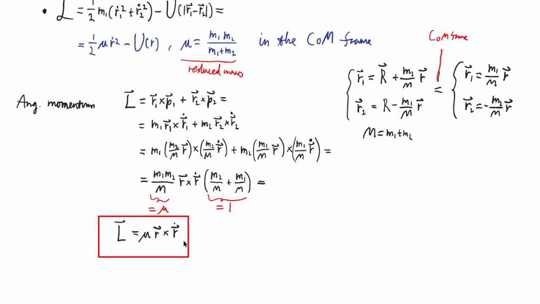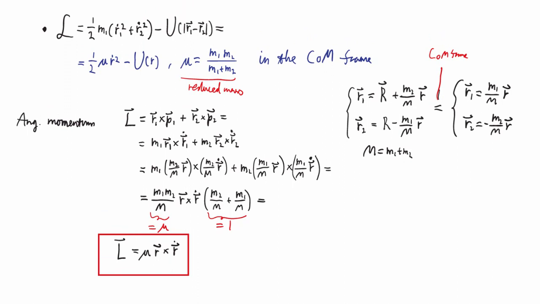So what we can see here is that the angular momentum in this system also behaves in a sense as the angular momentum of a single particle with mass mu. So that's kind of interesting.